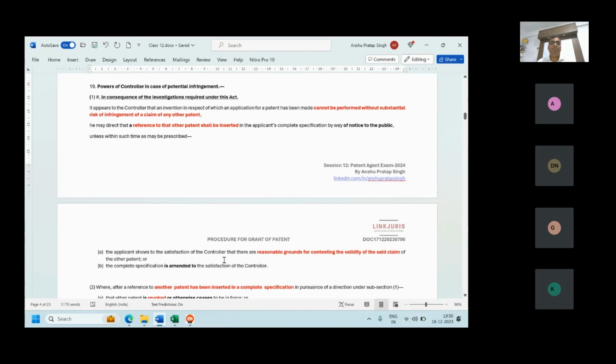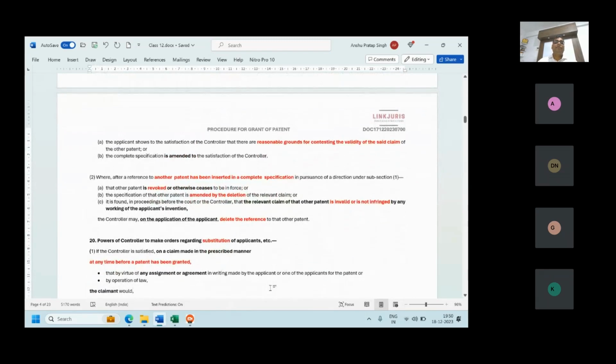The applicant shows to the satisfaction of the controller. Now, again, there are two places. Either you amend it or you say that there are reasonable grounds for contesting the validity of the said claim. And you can contest that claim.